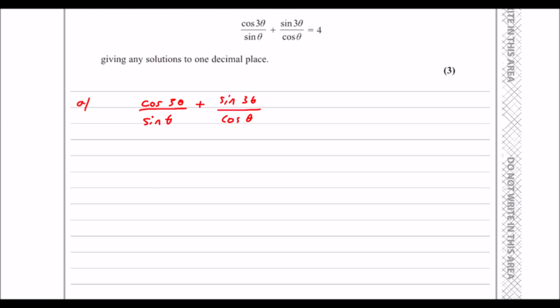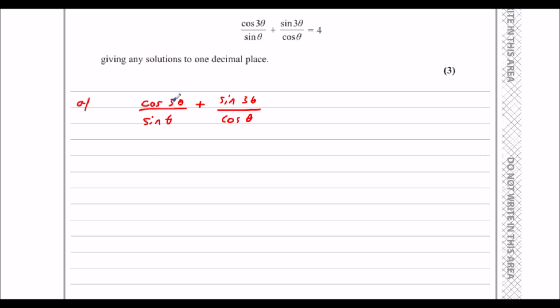So I'm going to start by adding the fractions together. I don't know where it's going to go at the moment. I just know I don't want 2 separate fractions, so I'm going to add them together. To add fractions, you need to make the denominator the same. So the denominator is going to be sine theta cos theta.